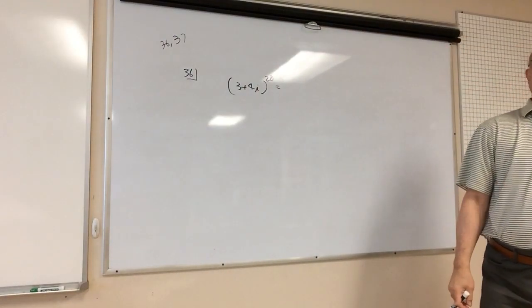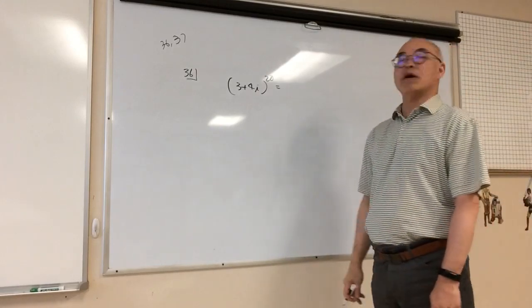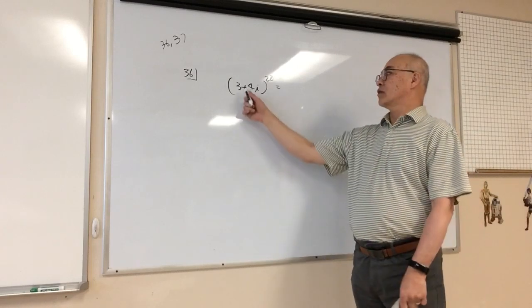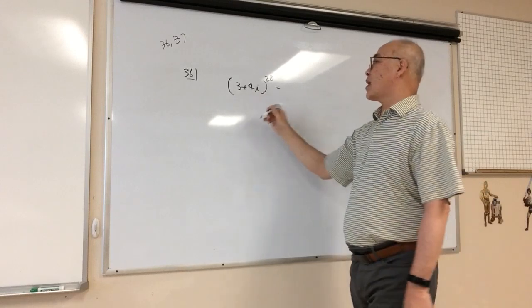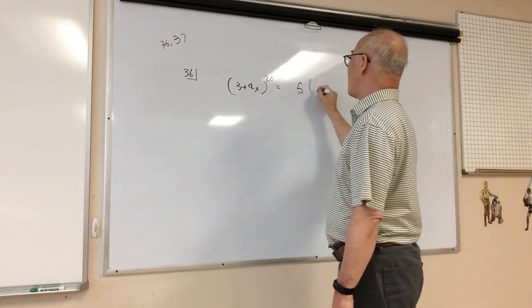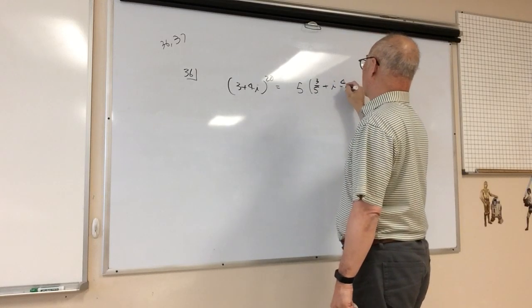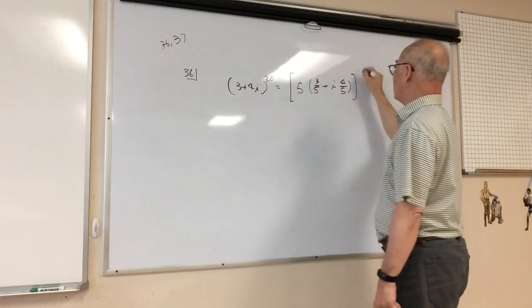What's the first thing I need to find? I need to find the r, right? So what's the r here? 9 plus 16 is 25. The square root of that is 5. And this to the 20th.